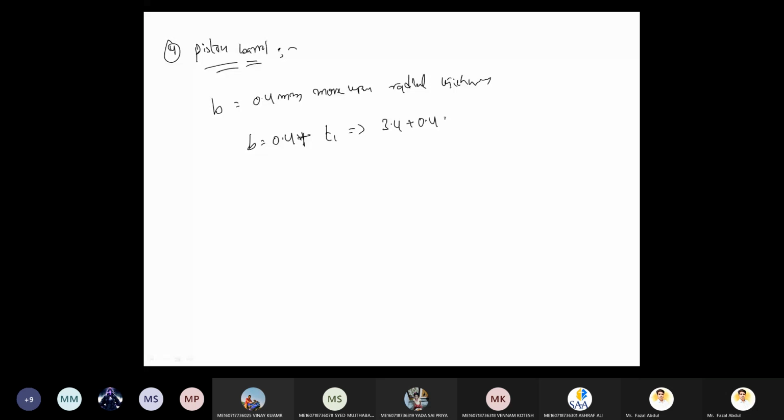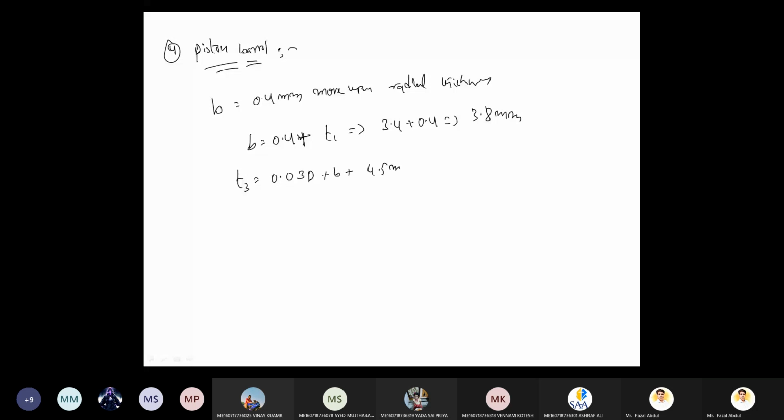Now the maximum thickness of the barrel is denoted by T3. That is the relation 0.03D plus B plus 4.5 mm.